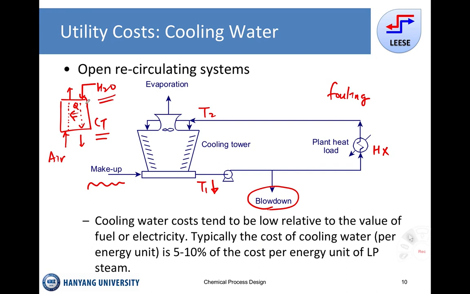Because the hot water is losing heat, and the heat is dissipated from the water. So the evaporation from the water occurs at the same time. So some of the water is lost in the cooling tower operation. So that is also taken into account in the supply of the makeup water, okay?